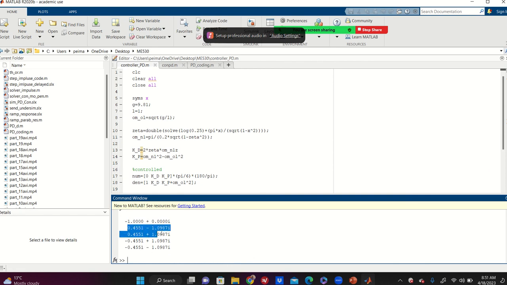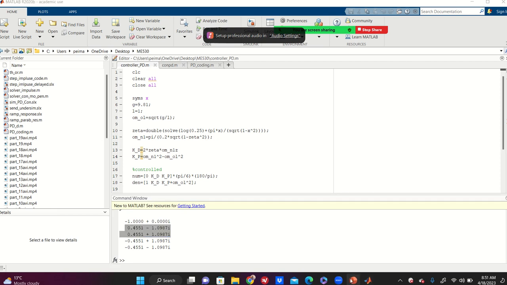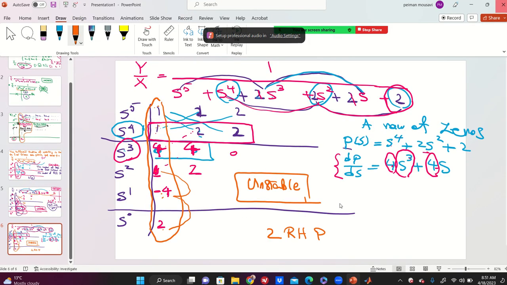Here we go. You have two right-hand poles. The rest are on the left-hand side. Do you see that? Yes, guys? We have 5 poles because fifth order system. 2 of them in the right-hand side. Understand, everyone? Yes?